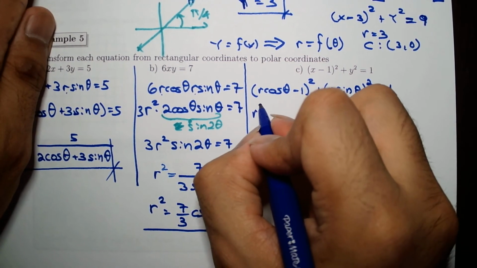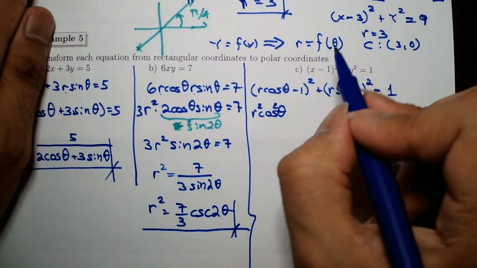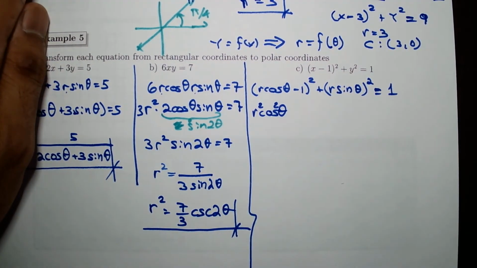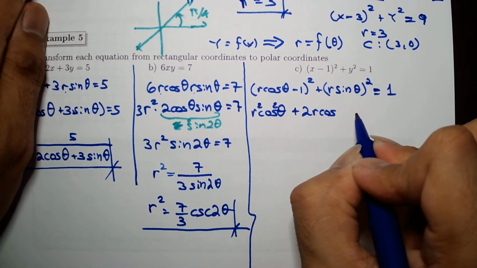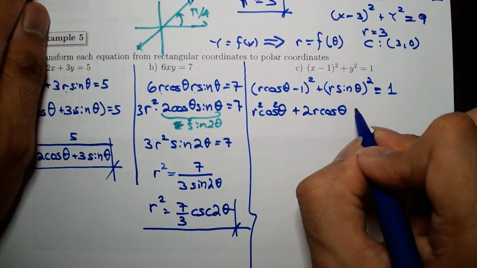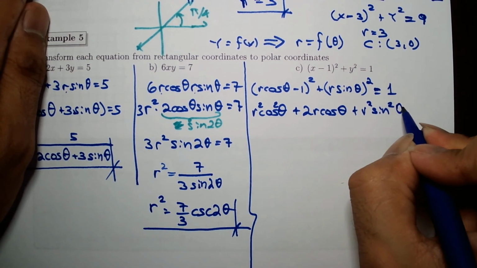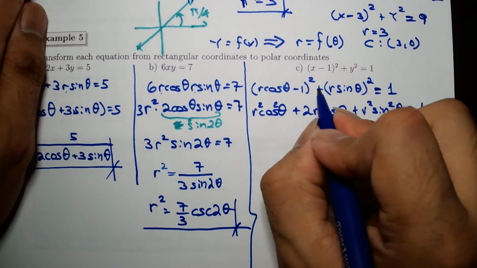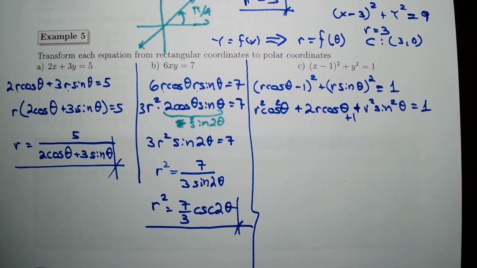In other words, r squared cosine squared theta, because when we square the first term, it affects both the radius and the trigonometric function, then minus 2 times r cos theta times 1, and then plus r squared sine squared theta equals 1. Oh, actually I forgot to square the 1. There's a plus 1 over here I didn't write.